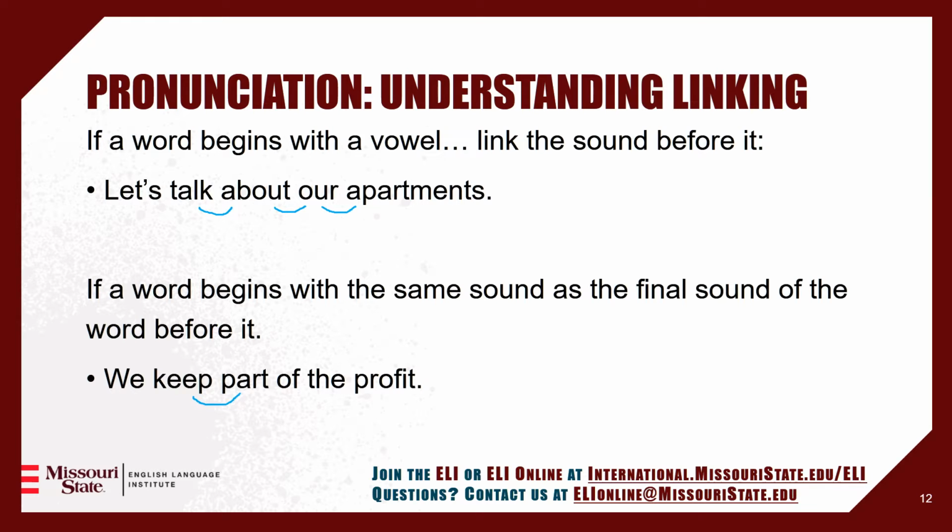It can be really difficult to say the same sound twice in a row. So in English, we are usually lazy and we will combine those sounds and just say it once. So we don't say "keep part" with two Ps, we say "keep part" with one. So if you have a double sound, then we'll usually only pronounce it one time.